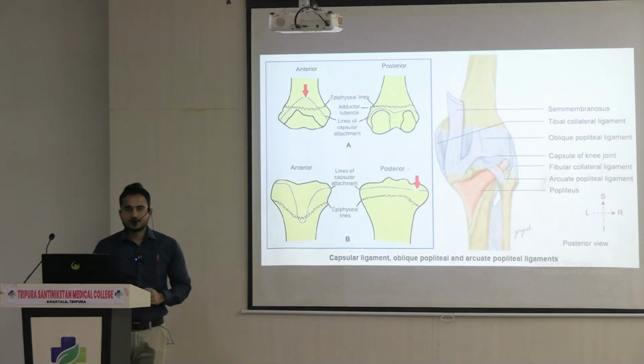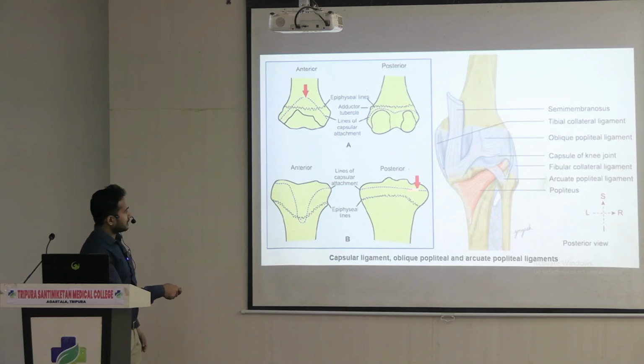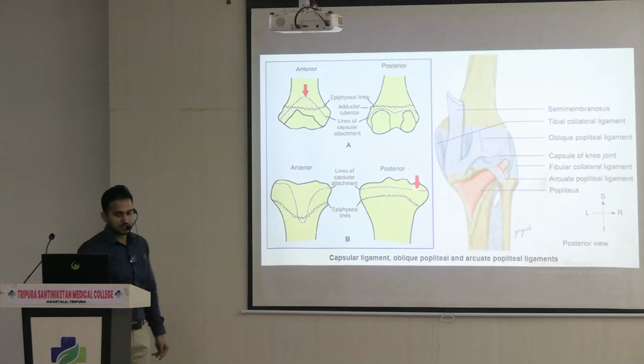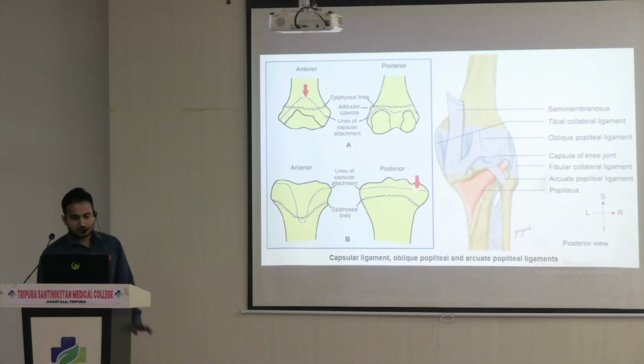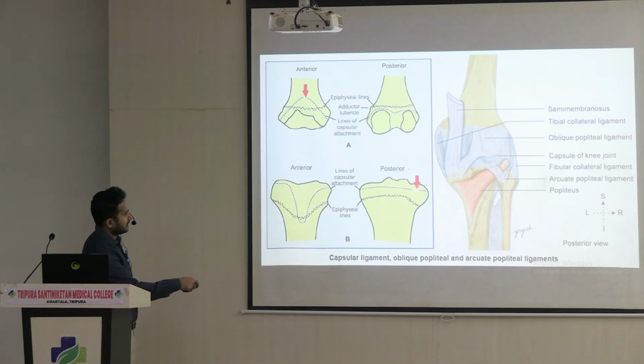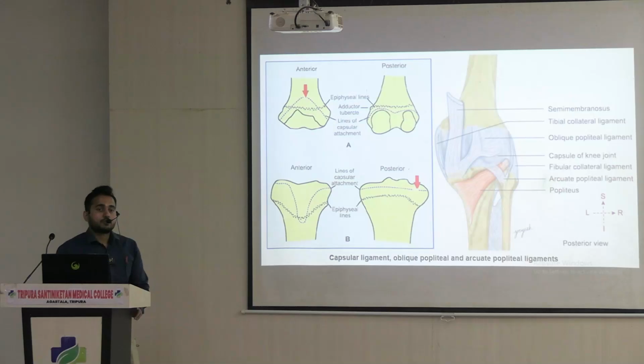Next, posteriorly it is attached to the intercondylar ridge, and posterolaterally there is a gap so that the tendon of the popliteus can pass. So these are some important features in the attachment of fibrous capsule in case of knee joint.